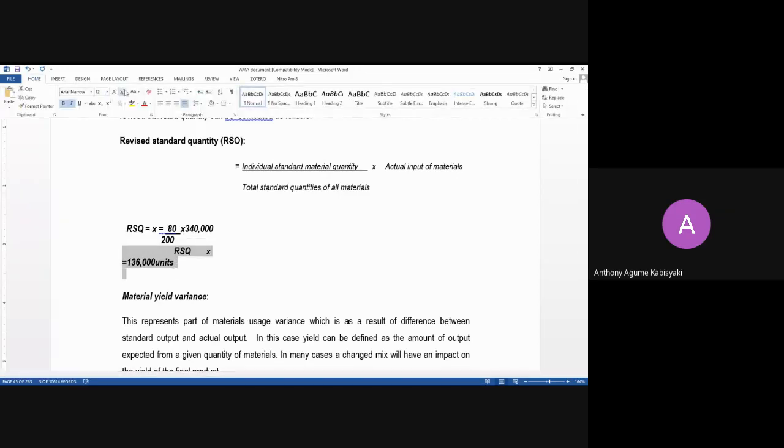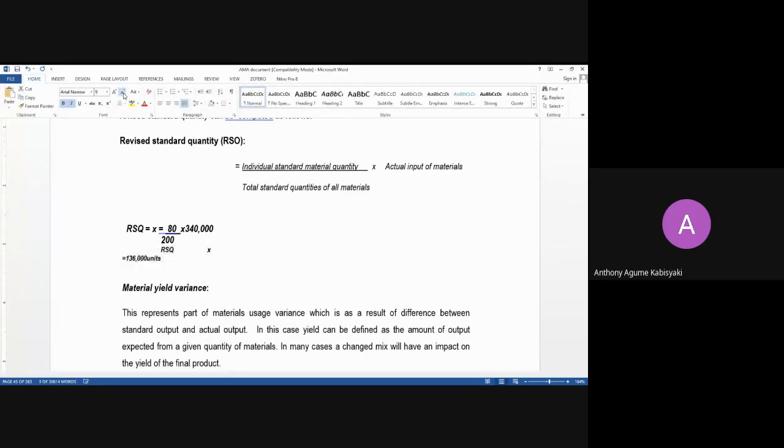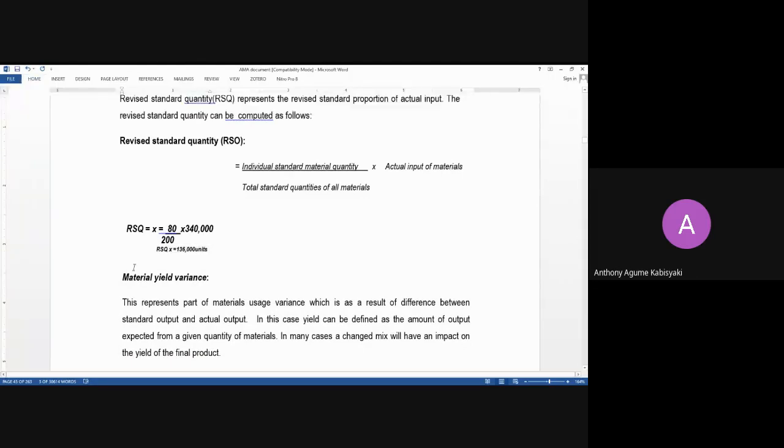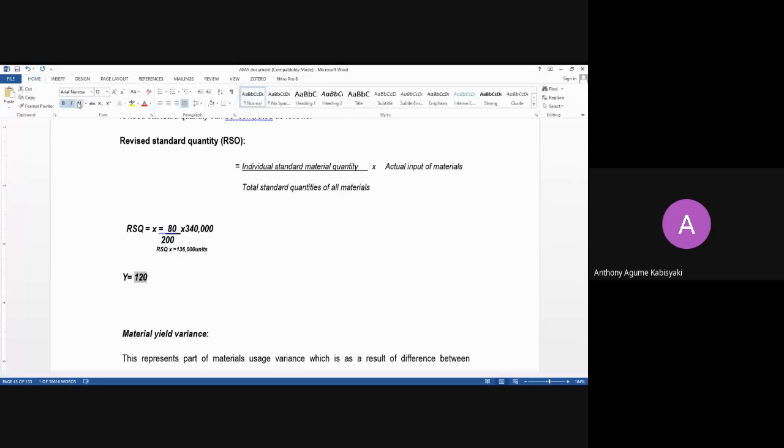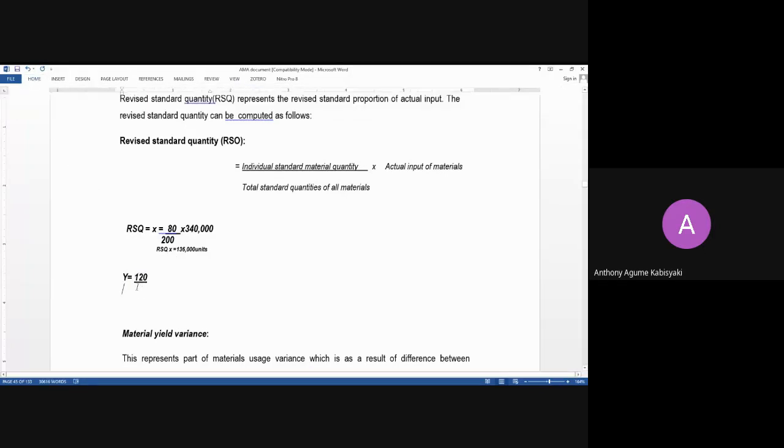I also do for Y the same procedure. What is the individual for Y? 120 divided by 200 times 340.